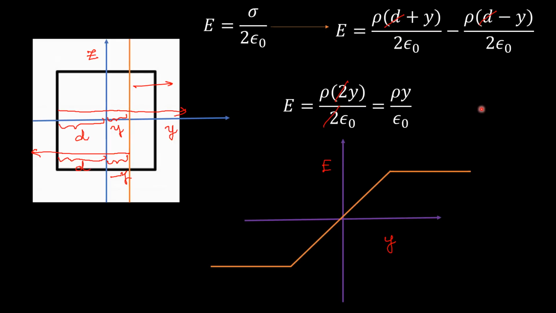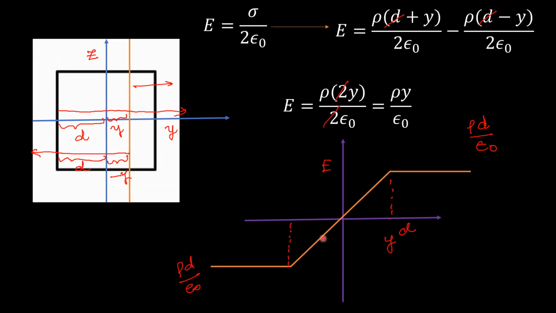Electric field is rho d divided by epsilon naught. So you got the maximum. This is at the point d. And at the point minus d, also you will get rho d divided by epsilon naught here.